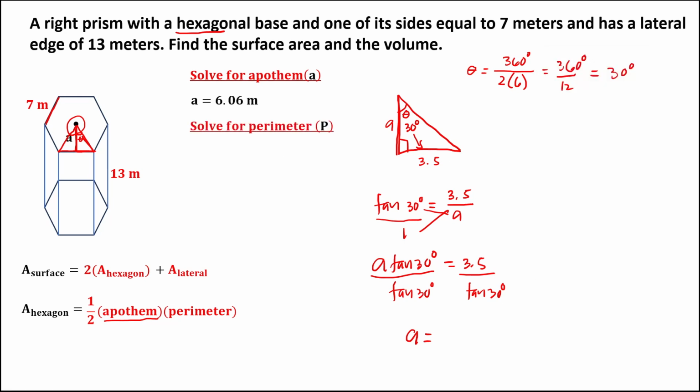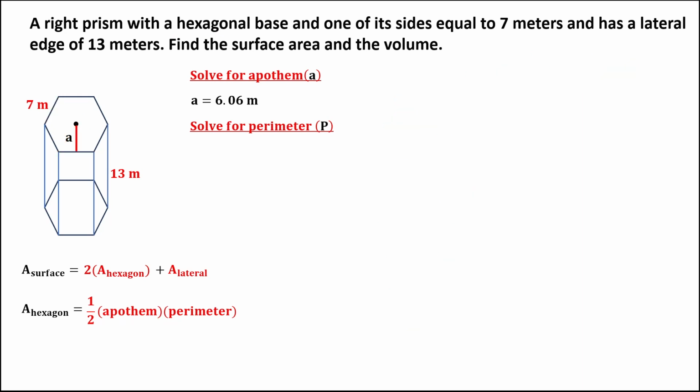Then to solve for the perimeter, the formula for the perimeter is 7 times the number of sides. Since we have 6 sides, the perimeter is equal to 42 meters. Then this time we can solve for the area of the hexagon from this formula. So we have 1/2 times the apothem times the perimeter.